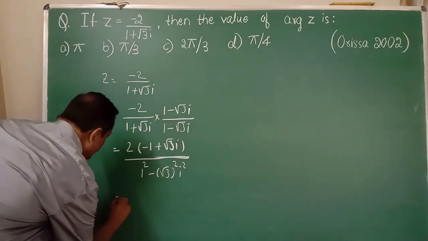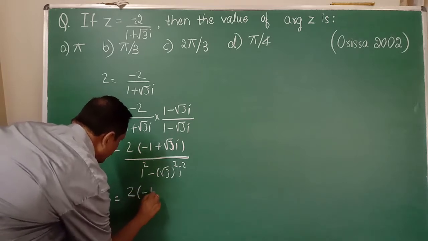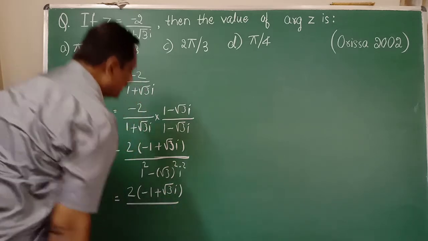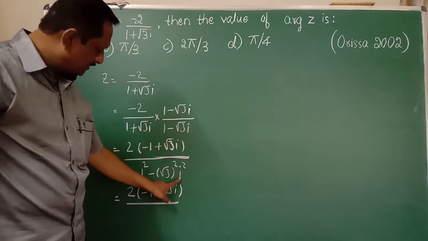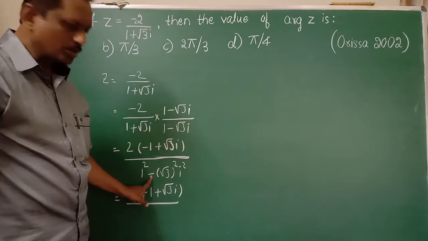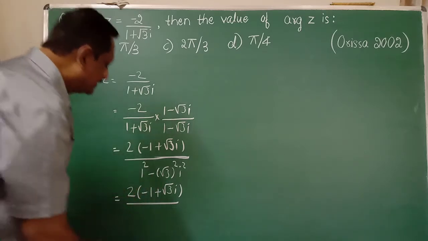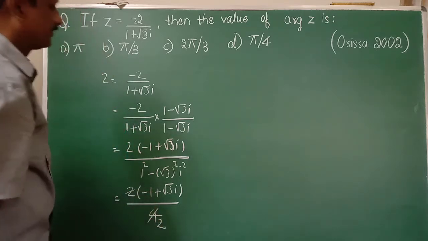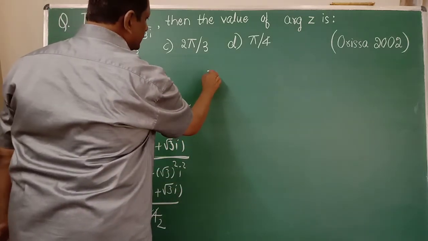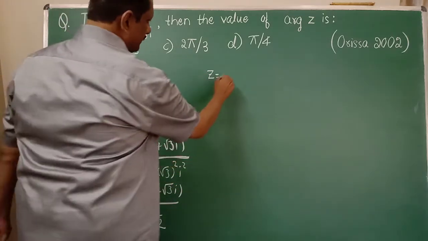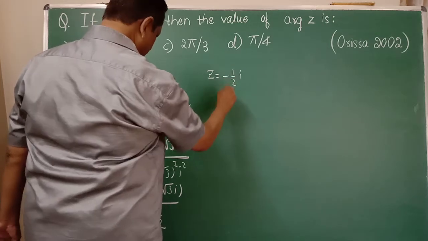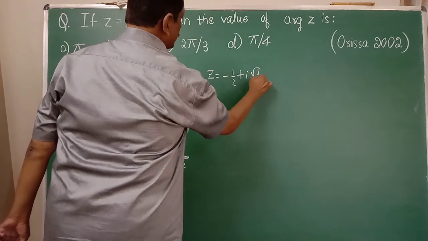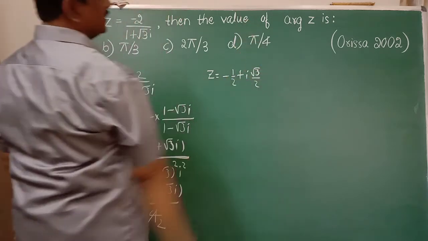Therefore this is equal to 2 into minus of 1 plus root 3 i, divided by, here i square is minus 1, minus this minus becomes plus, root 3 square is 3, 3 plus 1 becomes 4, then the 2s cancel. Therefore z can be written as minus 1 by 2 plus i into root 3 divided by 2.